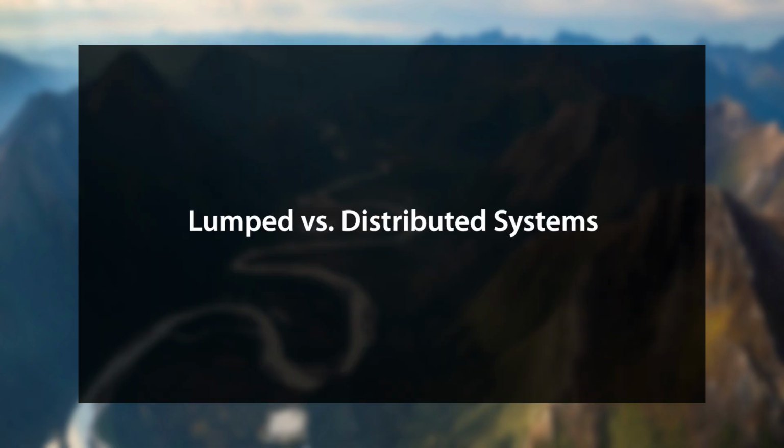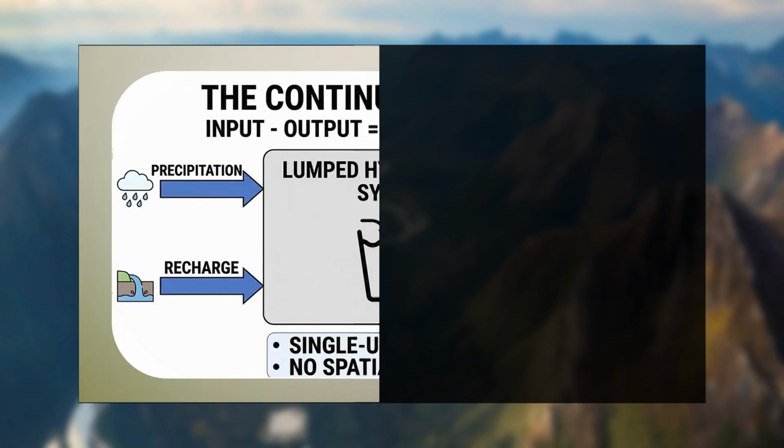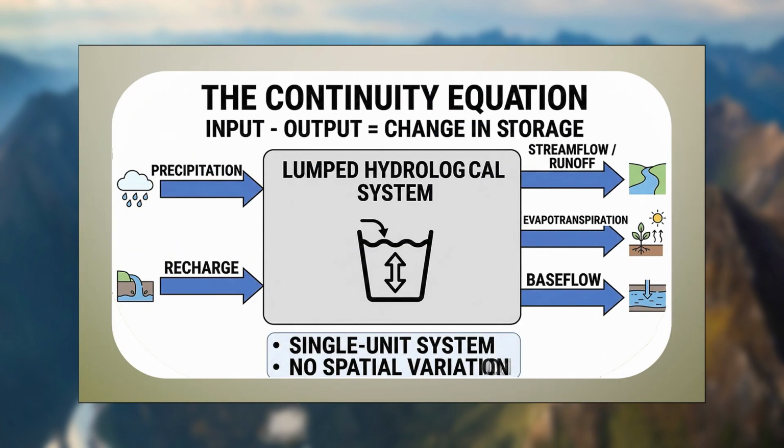Now let us discuss lumped versus distributed systems. So far as lumped systems are concerned, those are the models which treat the system as a single unit or black box. They focus solely on inputs and outputs over time, ignoring internal spatial variations or the details of the physical processes occurring inside.